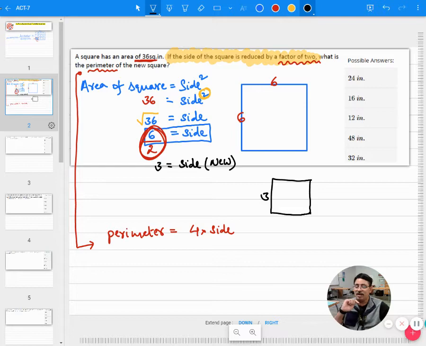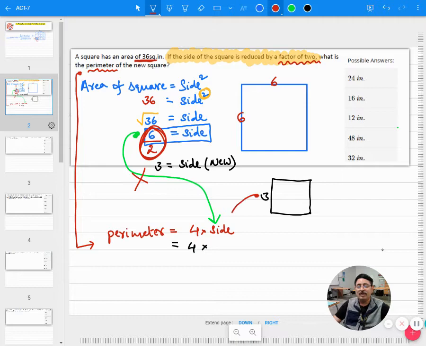But this time he is not asking to find the area, you are asked to find the perimeter. So perimeter means 4 times side, and here an important point is please do not take 6 as the side. I know that after computation we got 6. Again, I am repeating. Please don't take the side as 6. Instead, you have to take the side as 3 units.